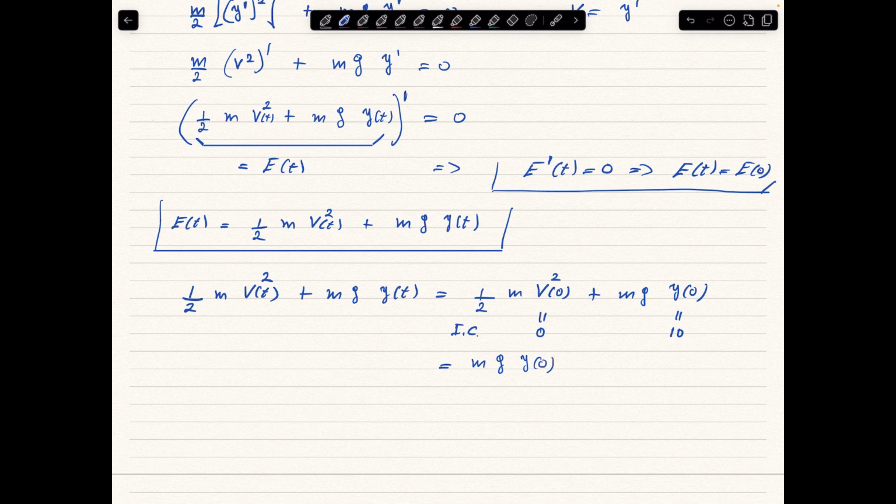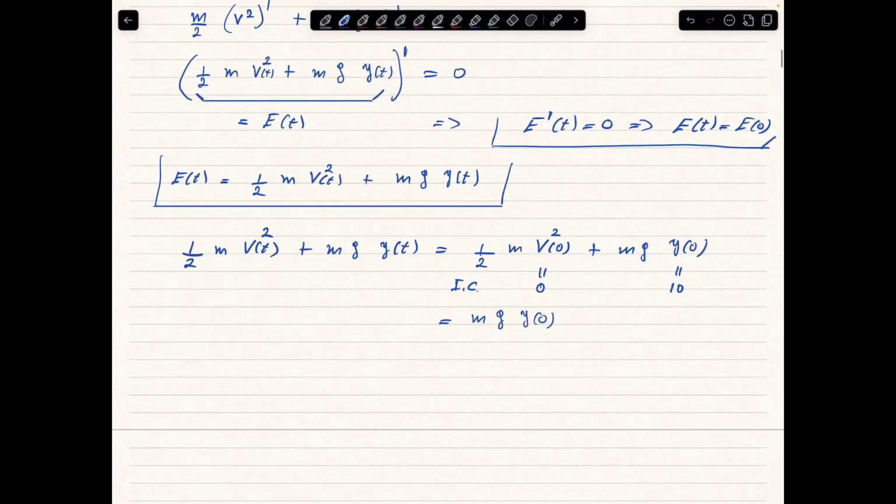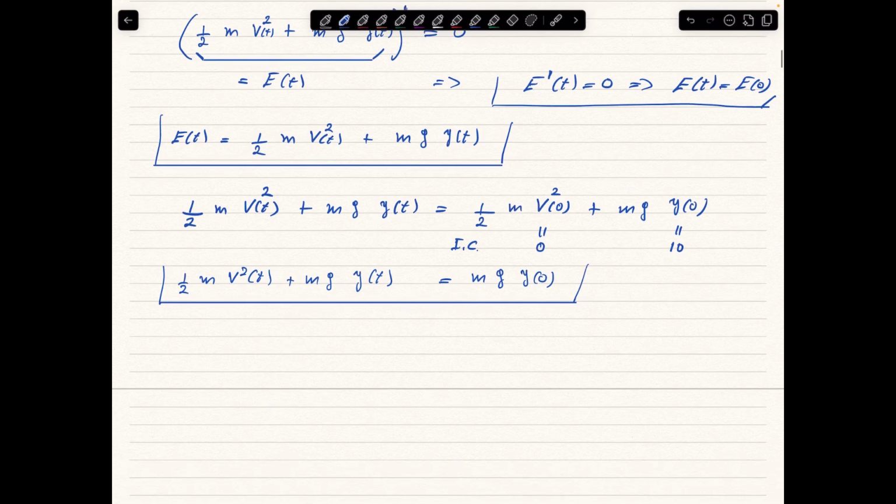So when is it going to reach the ground? This is always constant, so 1/2 mass velocity squared, a function of time, plus mass acceleration of gravity, position at any time, has to be constant, equal to that. Now when is it going to reach the ground?